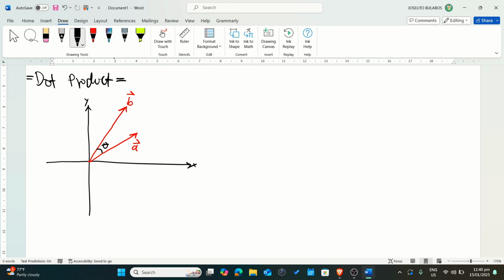Now, the question is: what if we multiply vector A by vector B using the dot product? What should be the output?